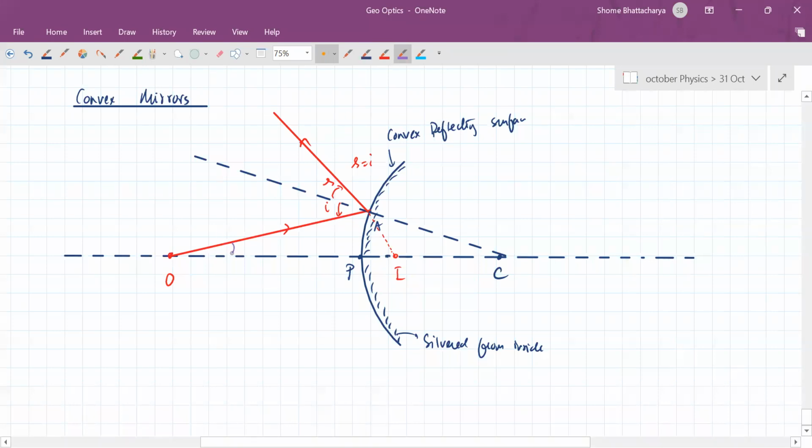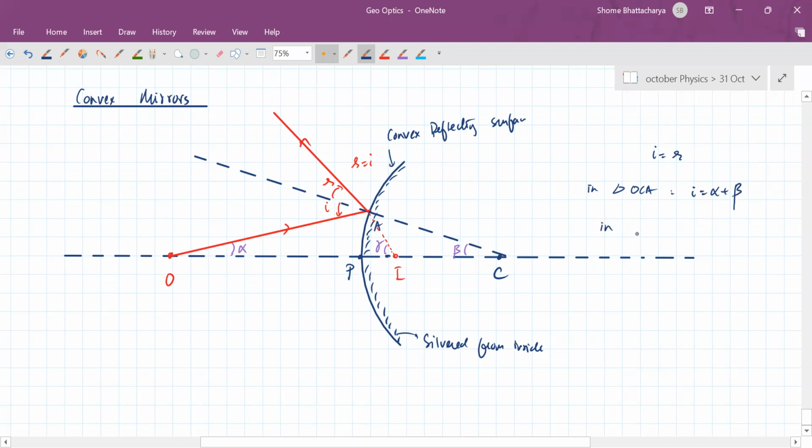We will designate this angle as alpha, this angle as beta, and this angle as gamma. So we have i is equal to r. That's our law of reflection. Now for triangle OCA, we have i is equal to alpha plus beta.